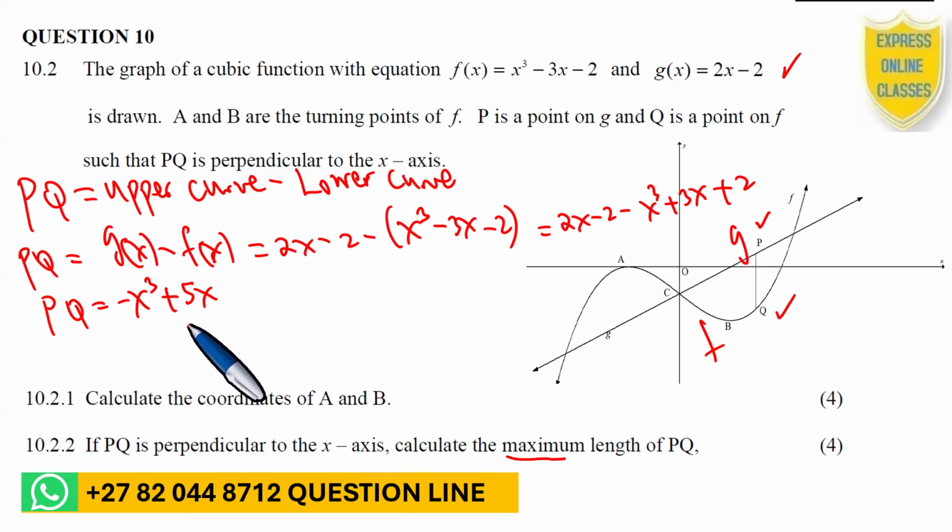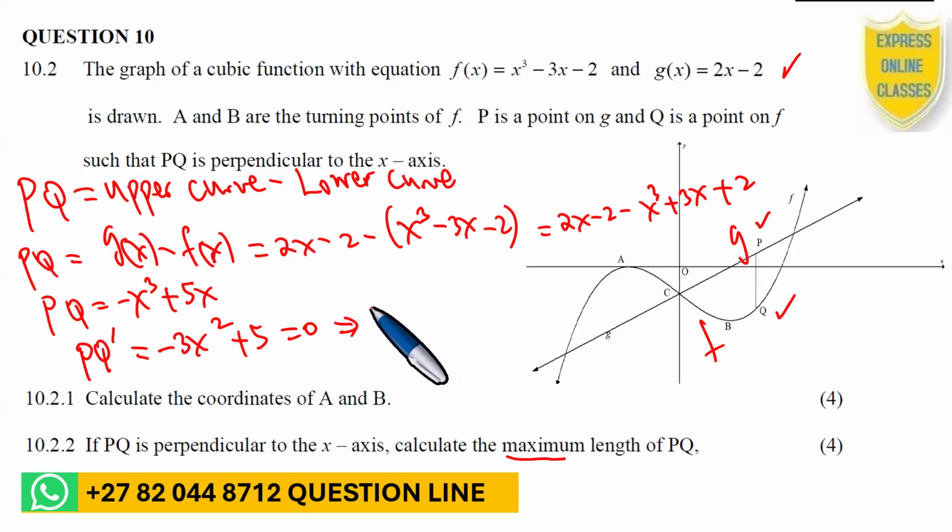So you must find PQ prime, which is the derivative, and it is minus 3x squared plus 5, and this is equal to 0, which means 3x squared equals 5. Yes, sir, you're right, you can have minus minus, it becomes plus.